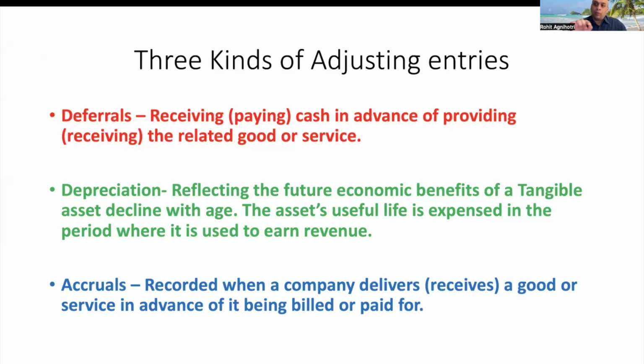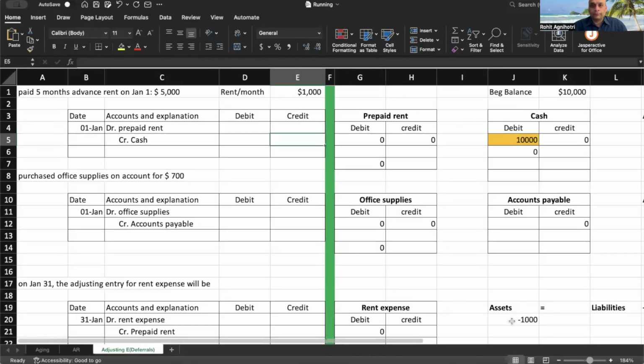So I'm going to quickly shift to the Excel sheet. Example: you paid 5 months of advance rent on January 1st, $5,000.